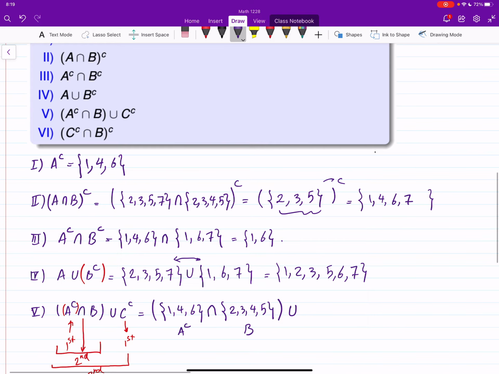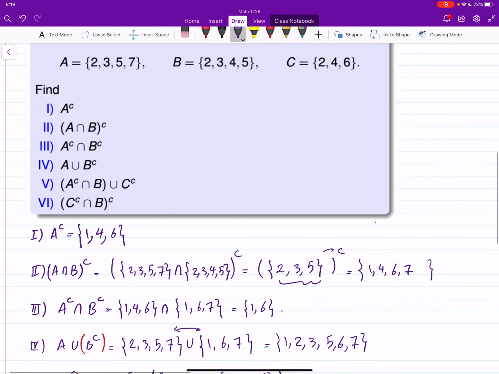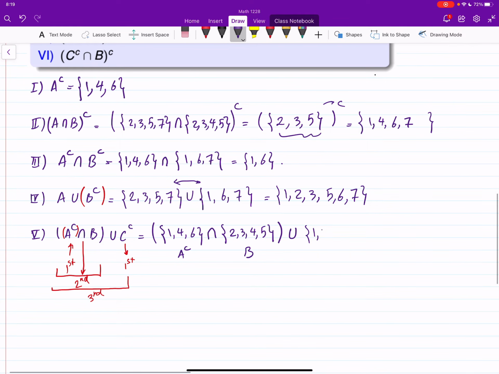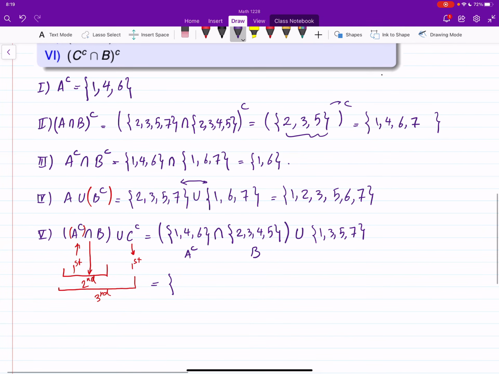What is C complement? C complement is going to be 1, 3, 5, and 7. Yes? So it will be 1, 3, 5, and 7. Now, I want to find the intersection first. What is the intersection of these two sets? 1 is not there, 2 is not there, 3 is not there, 4 is there, and that's it.